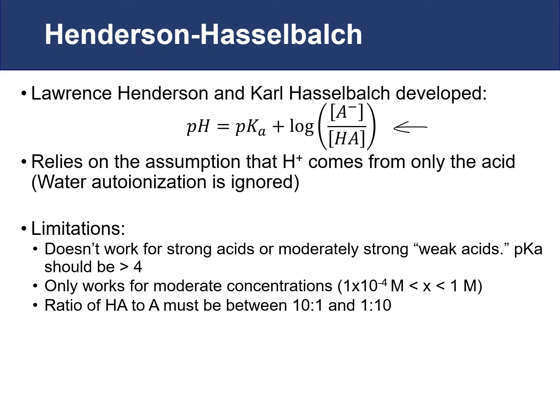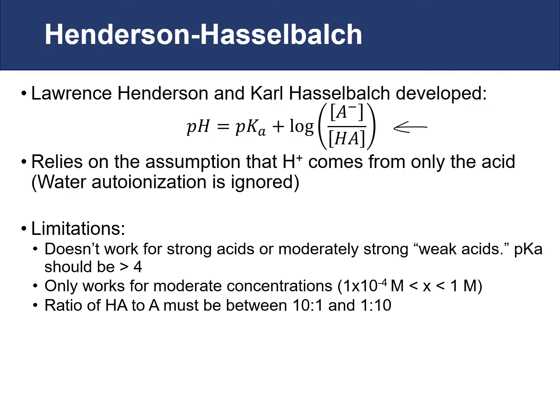It only works for moderate concentrations of an acid, between 1 times 10 to the negative fourth molar and 1 molar. At low concentrations, with a low Ka value, you start to get into the realm where the H plus concentration coming from the autoionization of water begins to matter.